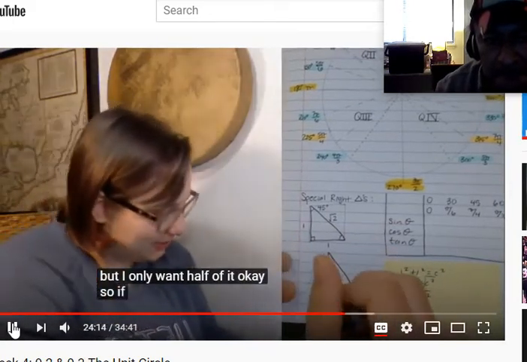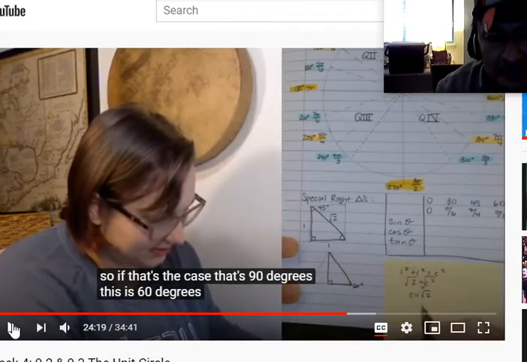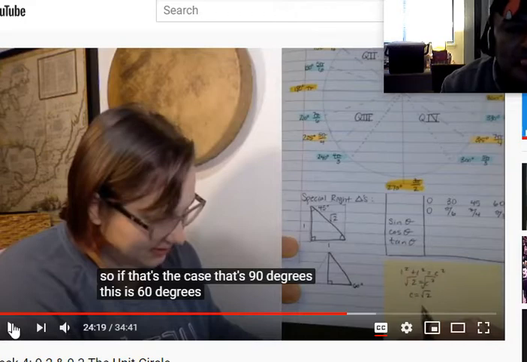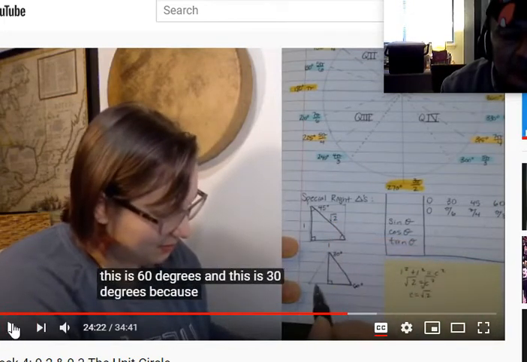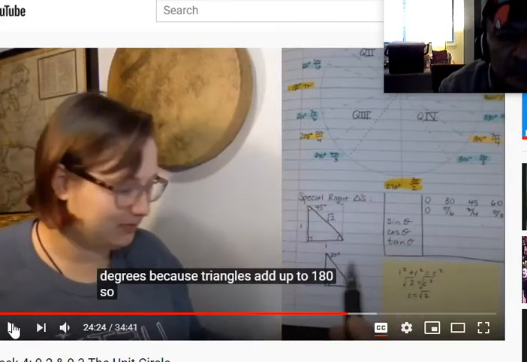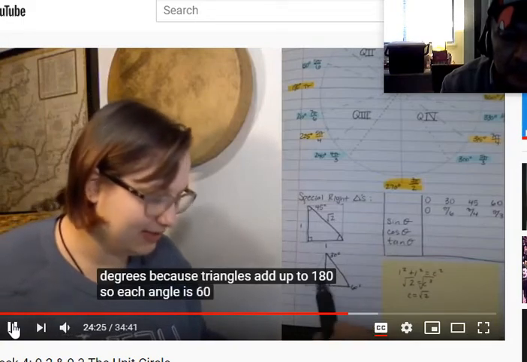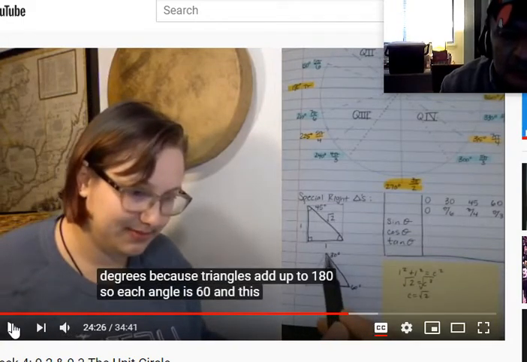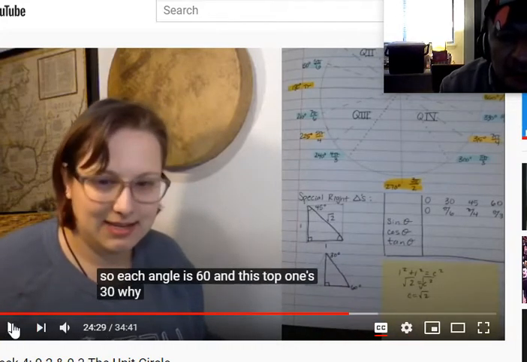Okay, so if that's the case, that's 90 degrees, this is 60 degrees, and this is 30 degrees, because triangles add up to 180. Each angle is 60, and this top one's 30.